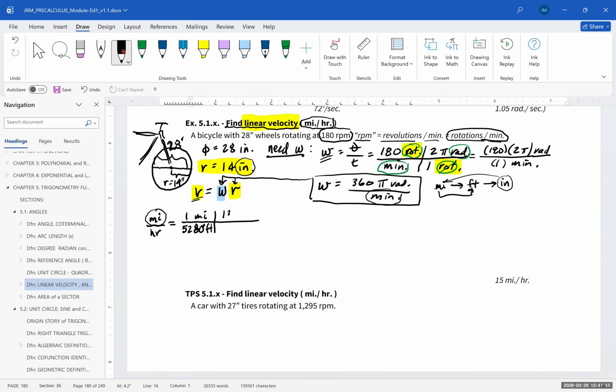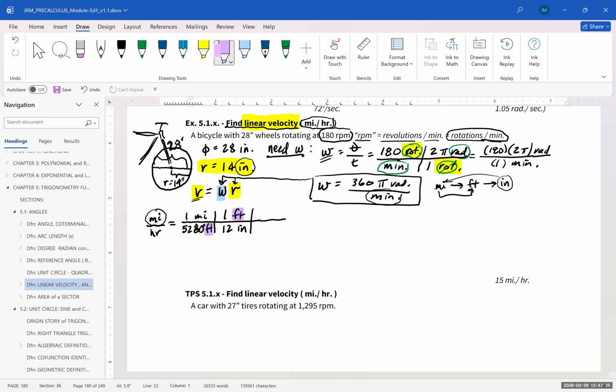And then we know that 1 foot has 12 inches. Okay, so what we've done is set it up so that feet will cancel feet. And now we need to cancel out inches.